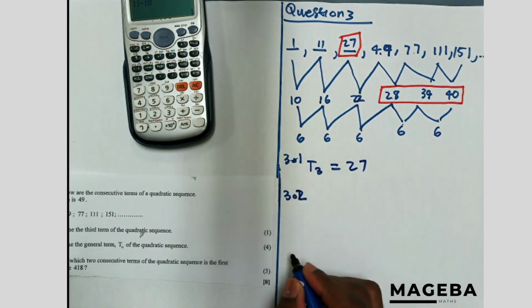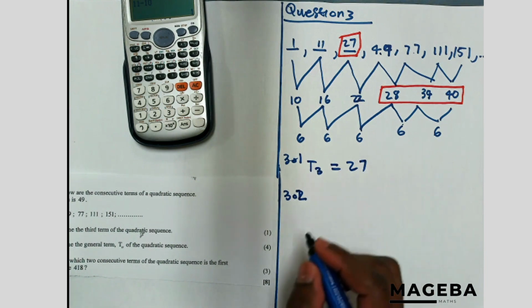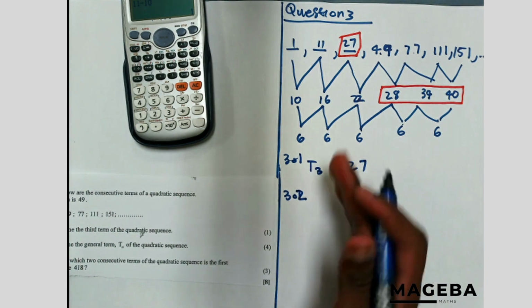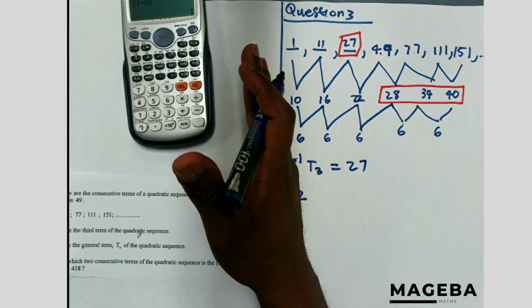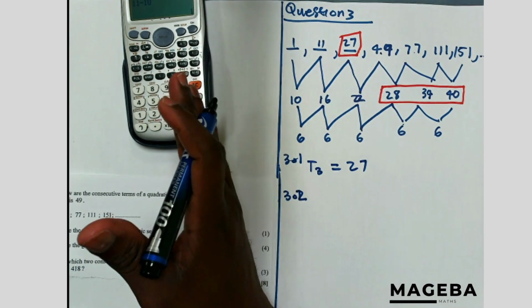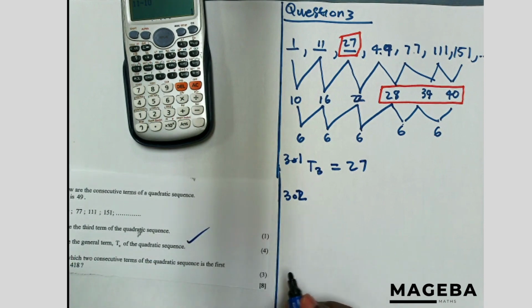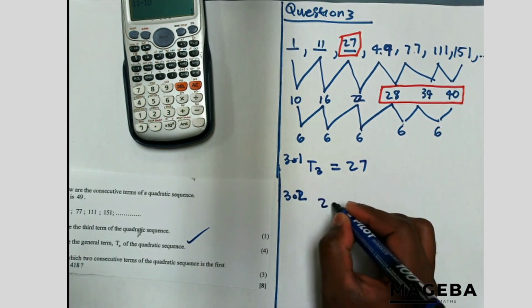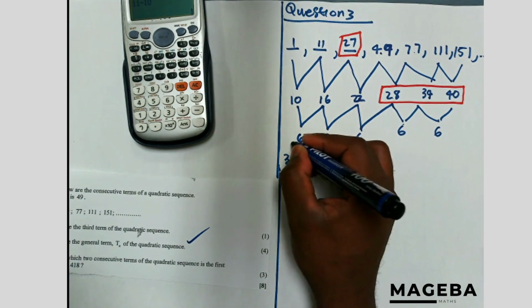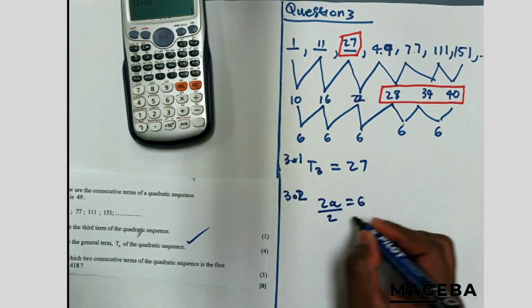3.2 says determine the general term of our quadratic sequence. It was very important for us to find the reverse terms on the other side, because we couldn't answer this question otherwise. Now 2a equals 6.